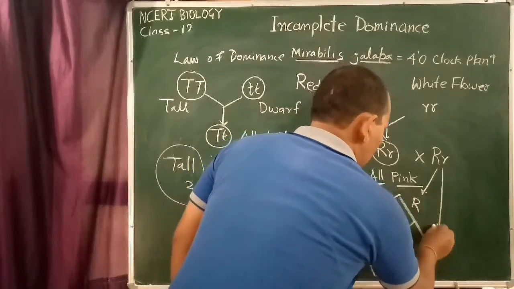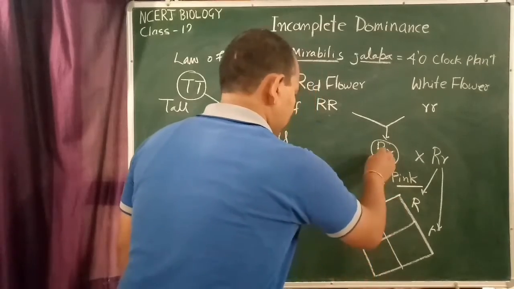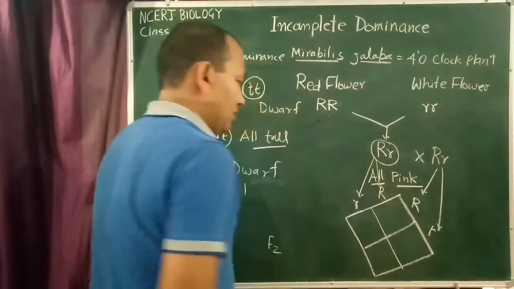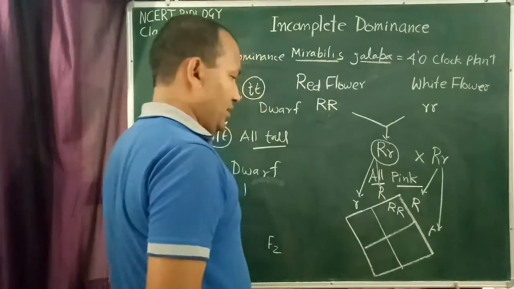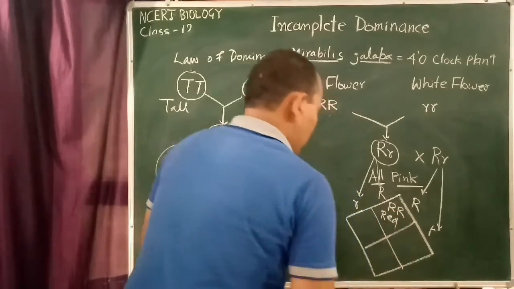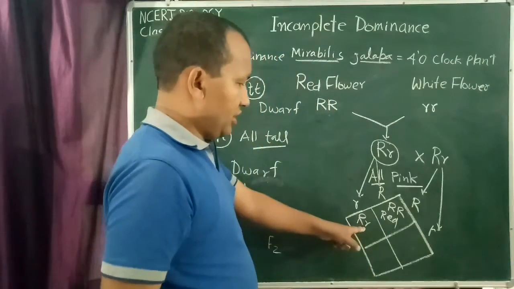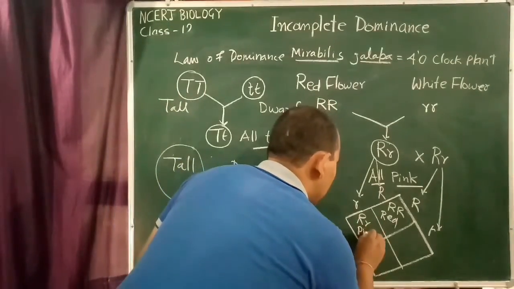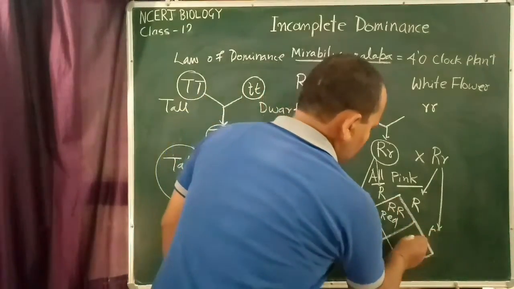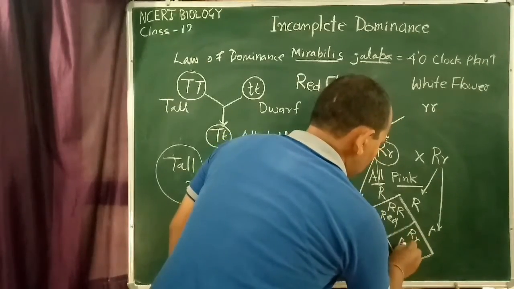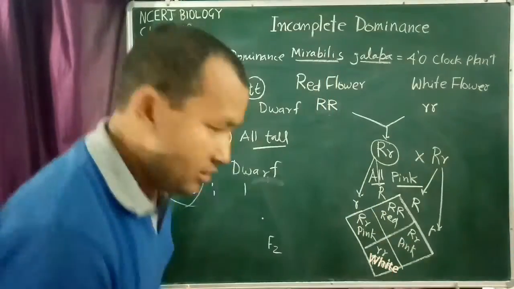So here we have capital R, small r, and in the same way capital R, small r. When this R comes with this R, it becomes RR, this will be red. When this R comes with this r, it becomes Rr, so this is pink, not red. And when this R comes with this r, it becomes again pink. And when this small r comes with this small r, it becomes rr, white.